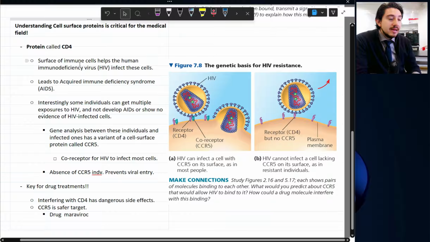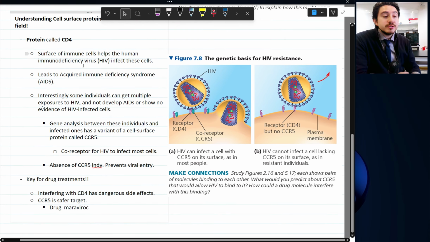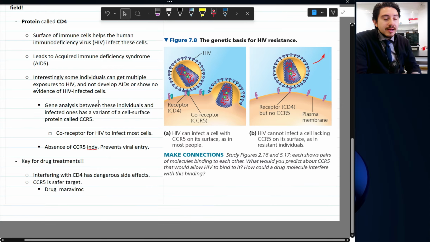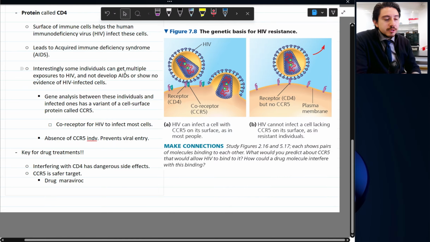Okay, and what happens? I'm sure we're familiar with HIV. This HIV virus ultimately leads to AIDS, acquired immune deficiency syndrome. But interestingly, some individuals can get multiple exposures to HIV and not develop AIDS, or they don't show evidence of HIV-infected cells, because these studies had shown that infected individuals had this virus binding to CD4.